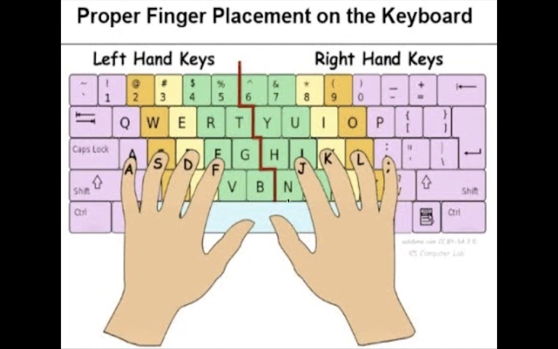Now I have a proper finger placement on the keyboard picture set up right in front of me. I brought this up because I wanted to show you a little something, another tip for printing Hello World. You see that caps lock over there, which makes everything uppercase.